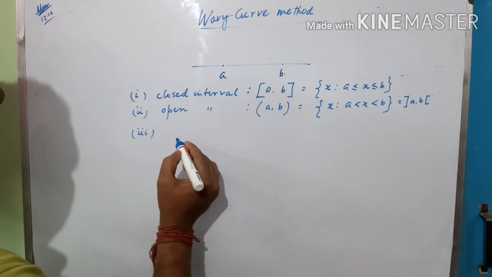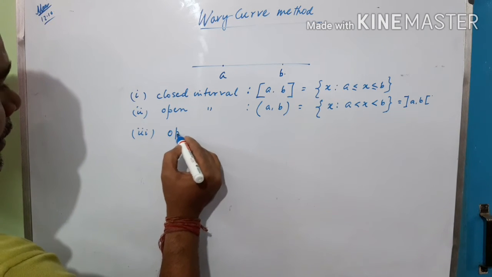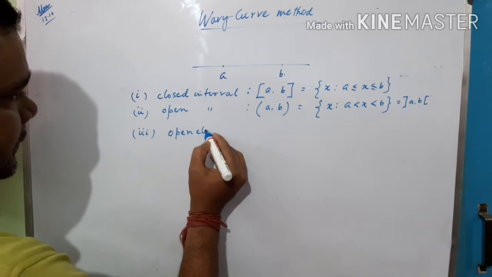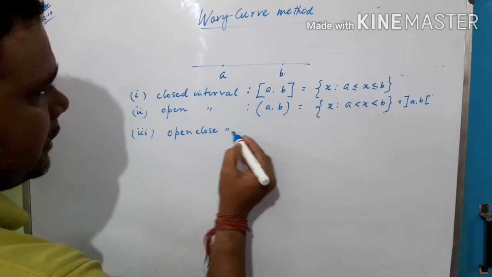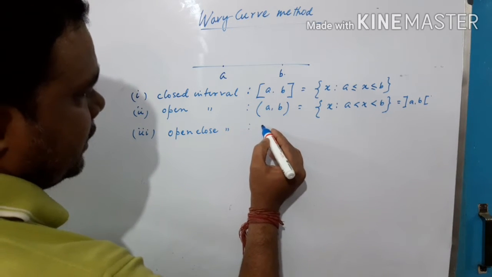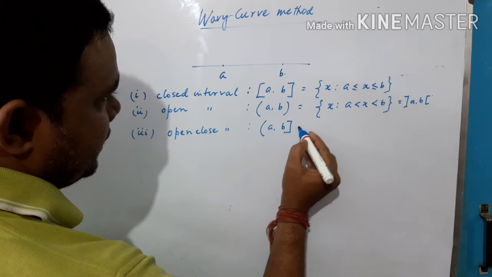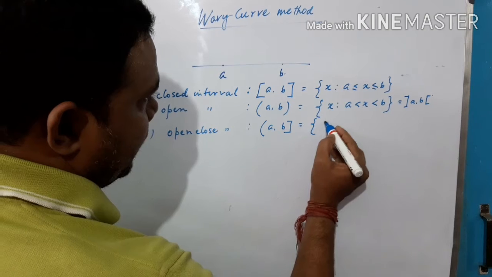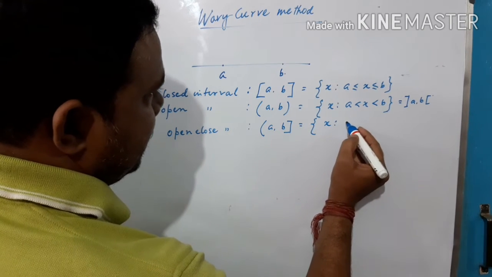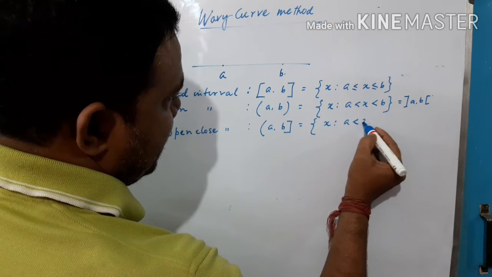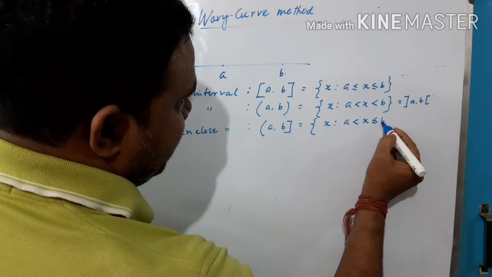Number 3, open close interval, that is open means first bracket and that is close like this, (A, B], and the meaning of this interval is that A is less than x is less or equals to B.